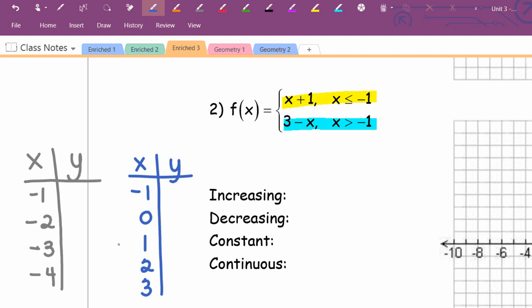Just work on completing the table of values first. Our transition value, where we flip-flop between the yellow and the blue function, is at -1. Our task is to build a table of values that would represent the yellow, then build one to represent the blue, and then once we have those tables, we'll worry about what happens with our transition value and gaps.